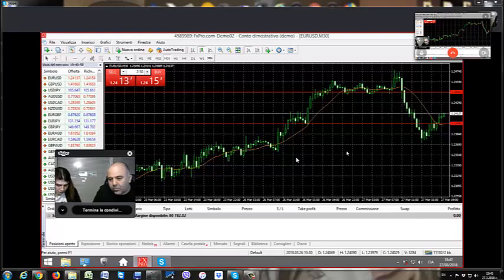I suggest everybody use a demo account during the news, and if you decide to sell on top, you need to know if you are able to control risk, especially during the news. Once you are in practice, then you can test the real account using a minimum amount.